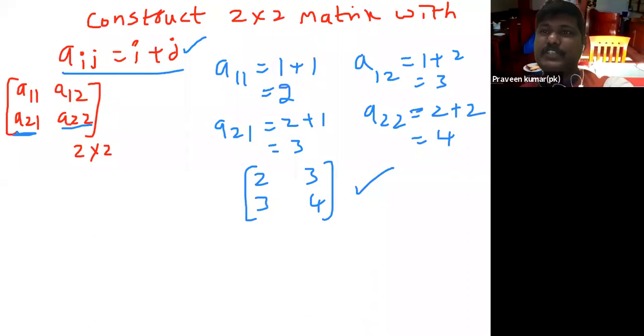A11 means 1 plus 1, 2. Next A12. 1 plus 2 is 3. A21. 2 plus 1 is 3. A22. 2 plus 2 is 4. Okay. So 2 2s are 4 elements are possible. Row is 2, column is 2, 2 2s are 4. Understand? Right.